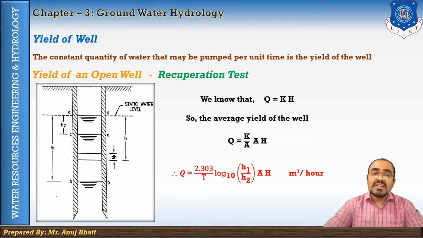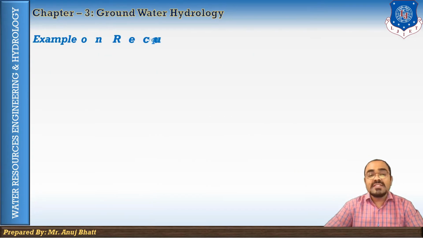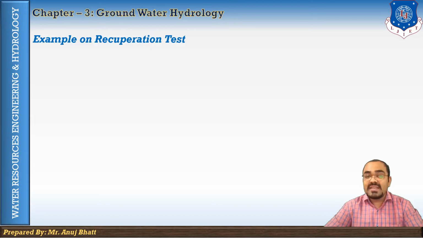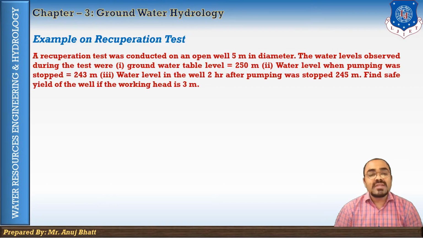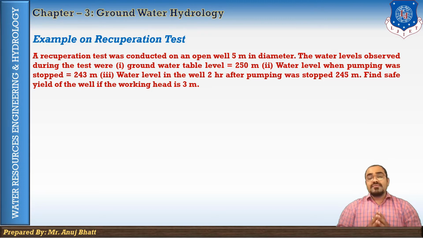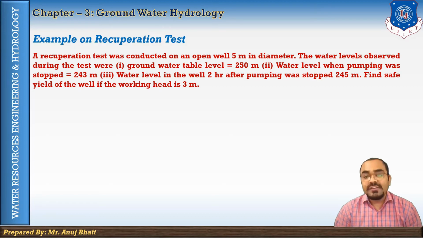Okay, now let's see one example that is based on the recuperation test. A recuperation test was conducted on an open well of 5-meter diameter, and the water levels observed during the test were: the water table level is 250 meter, the water level when pumping was stopped is 243 meter, and the water level in the well after 2 hours of pumping was 245 meter.